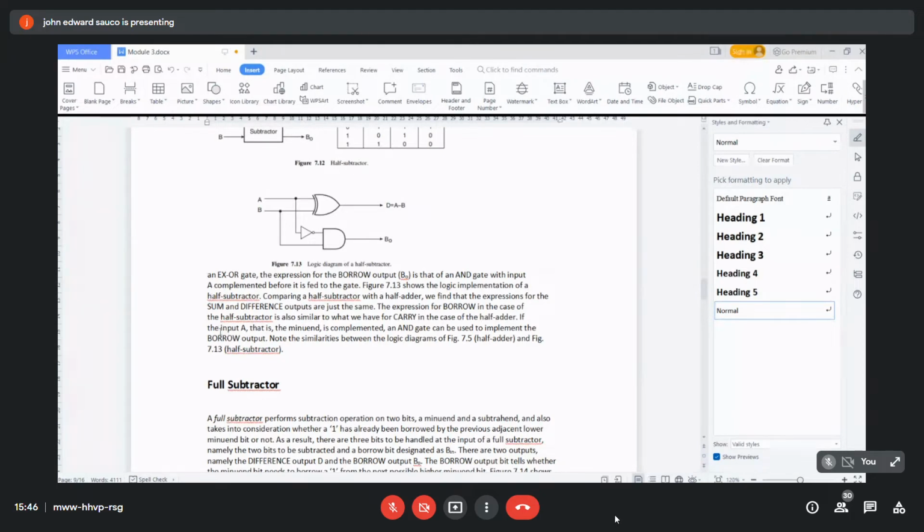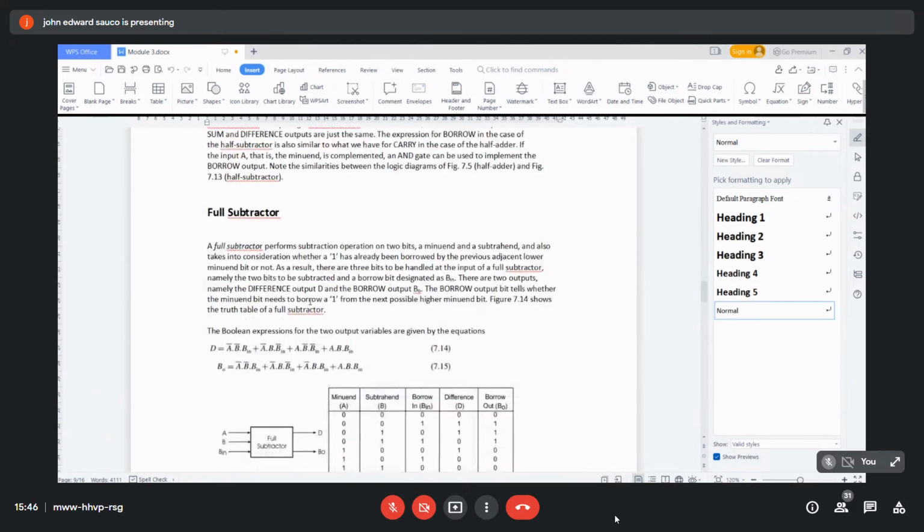Yun nga lang is yung A, that is the minuend, is complemented siya. And AND gates can be used to implement the borrow output. Okay, so similarities between the half adder and half subtractor. Yun yung similarities, pwera lang yung minuend is naka-complement. So sa full subtractor naman is same din.